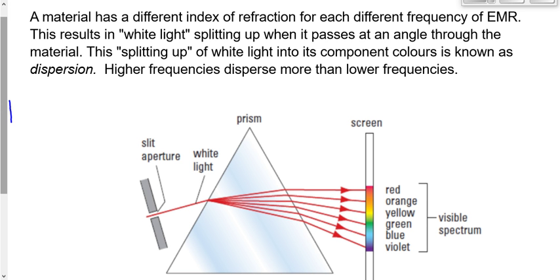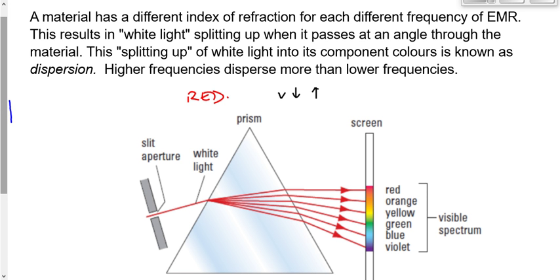Red light doesn't change speed as much as violet light. When you're going into this prism, the speed for red light decreases when it goes into the glass, and then it increases again when it goes out into the air.